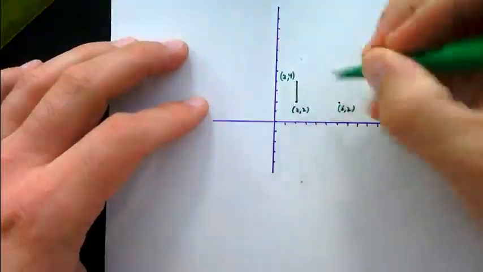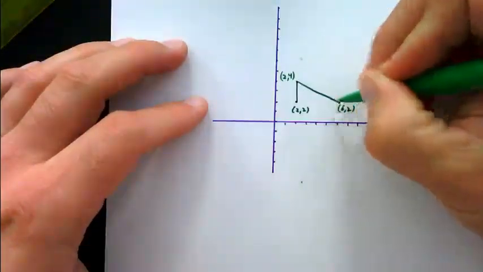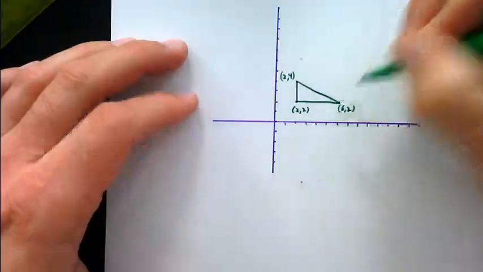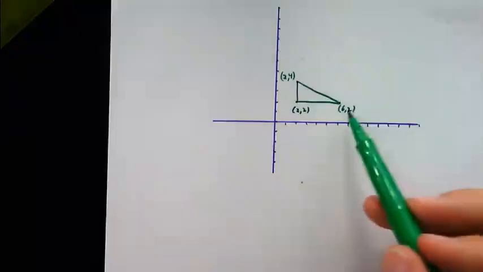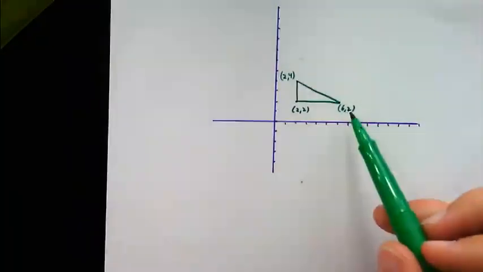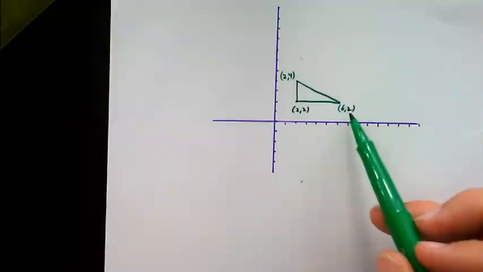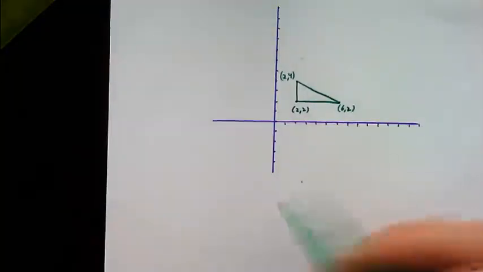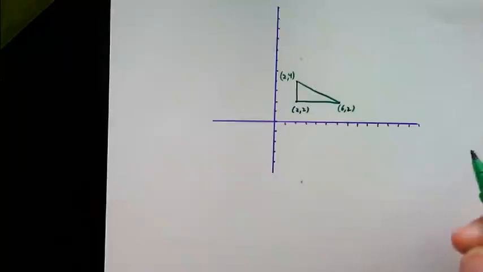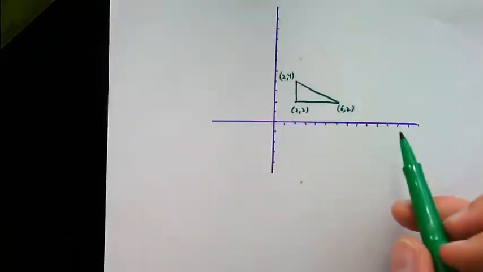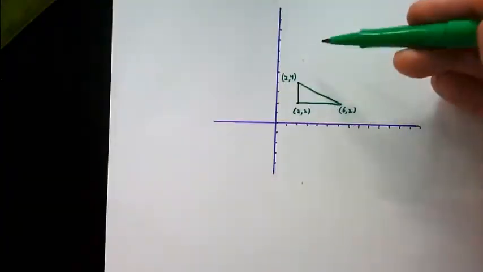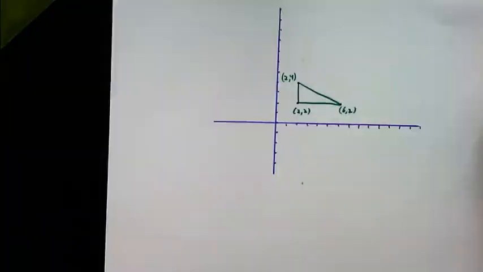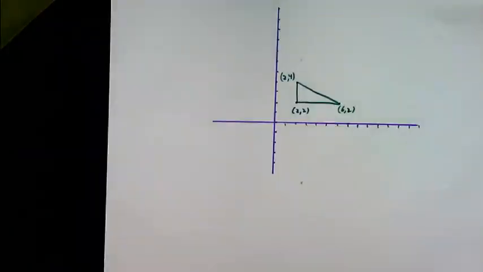So if I was to draw this triangle here, just connect my dots. The biggest I would need for this is to be able to go out to 9 on the x-axis and 6 on the y-axis for the numbers I just used.